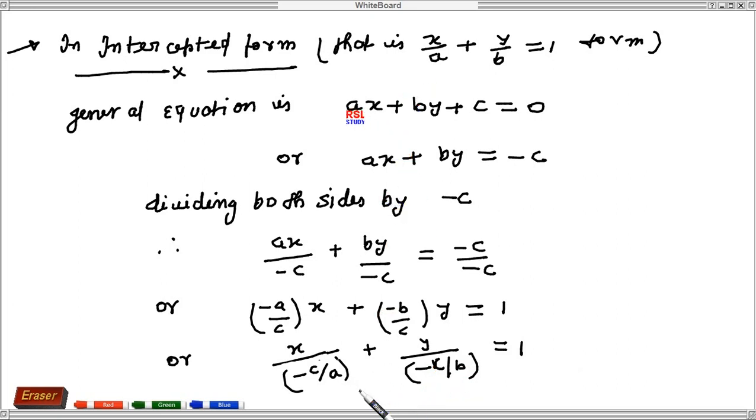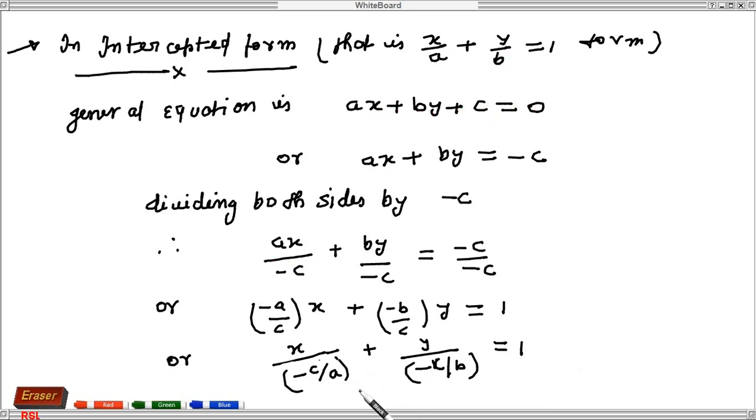Since we have taken small a in the general equation ax plus by plus c and also small a in the intercept equation x by a plus y by b equal to 1, we have to change a and b to capital letters in either one.